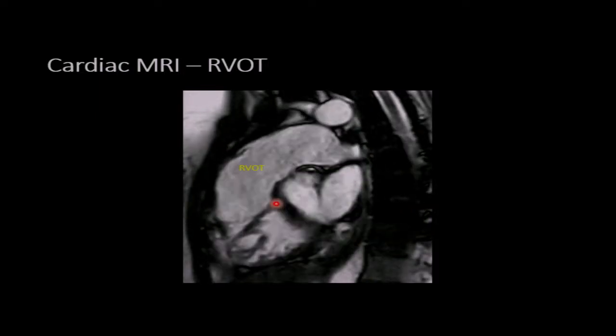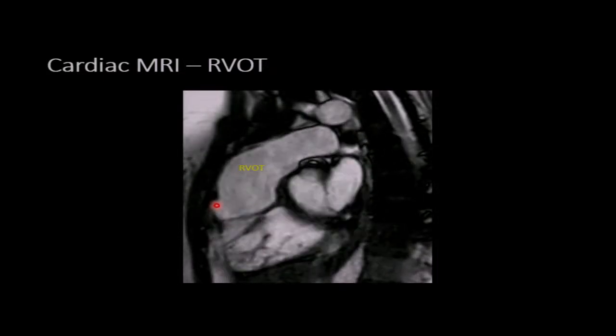And then we usually obtain RVOT stacks. If you help me follow here, the myocardium, this is the RV, right? And we follow the contractile myocardium here all the way. And what happens here? That's the patch.